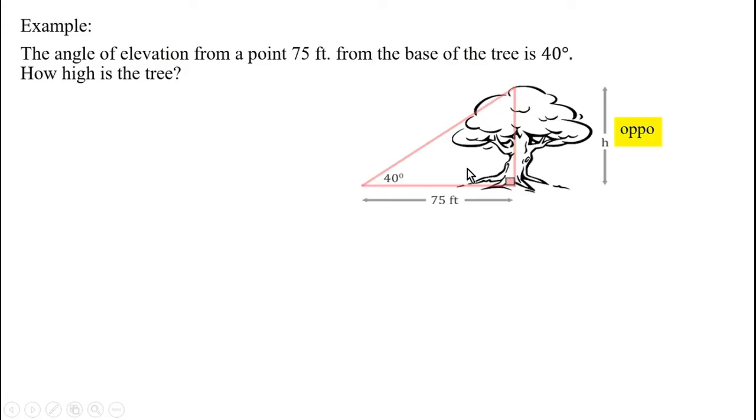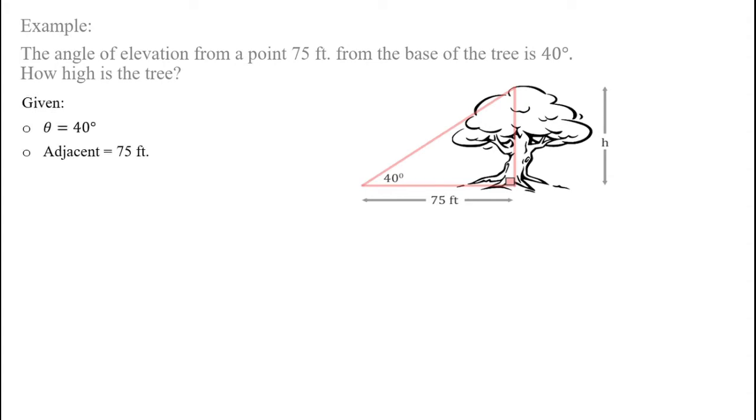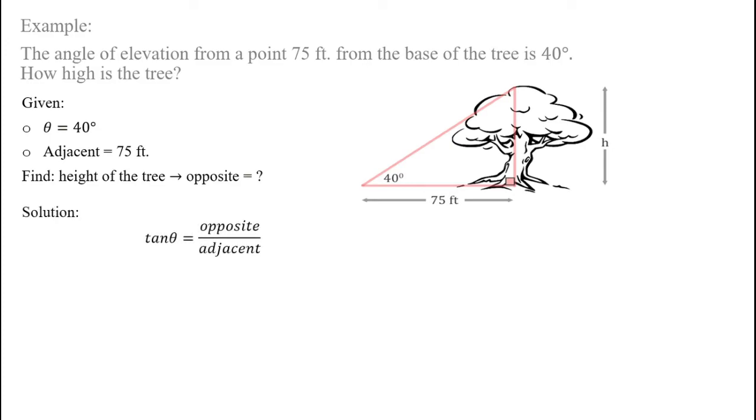The height of the tree is opposite to your given angle, and this is your adjacent. So given your theta is 40 degrees, adjacent 75 feet, we should find the height of the tree, or the opposite side. So solution, we can use tangent theta since it is opposite over adjacent.